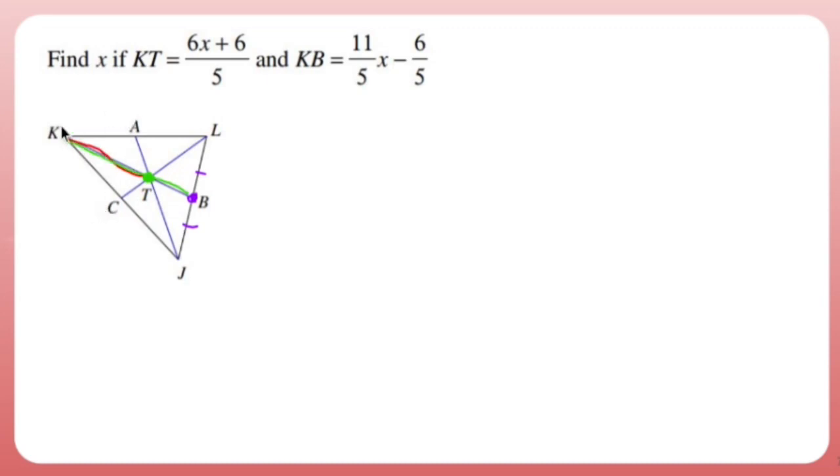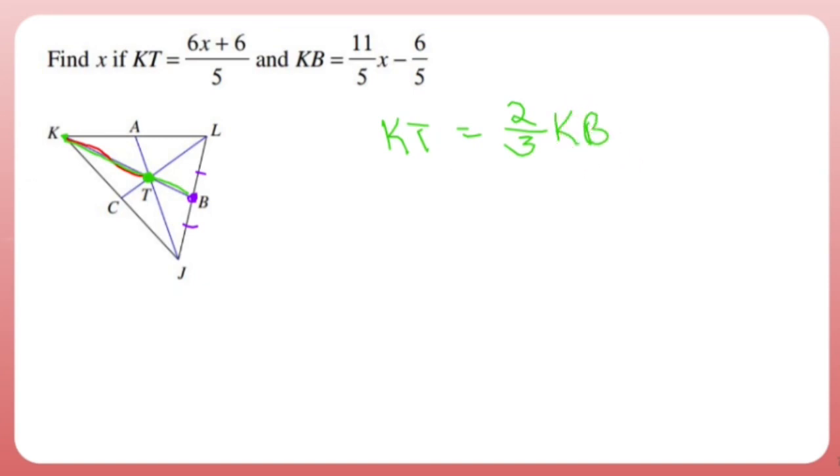Now, what you do with medians is whatever the angle or the vertex is to the centroid, that's going to be 2/3 of the entire line. Okay, so KT is 2/3 of the entire line KB.